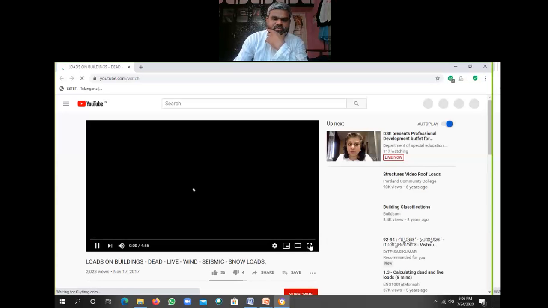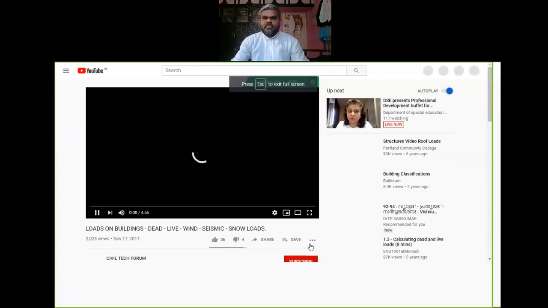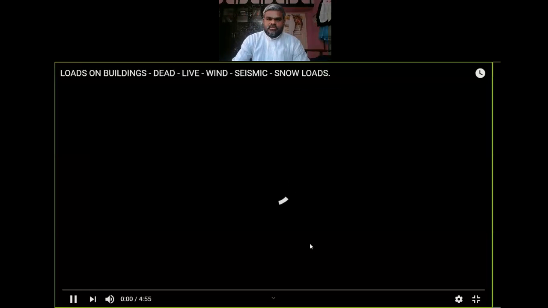This is showing different loads which are coming onto the building.